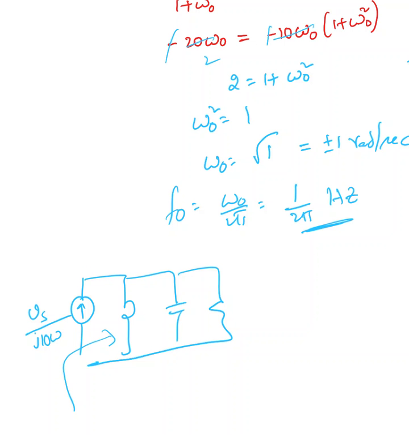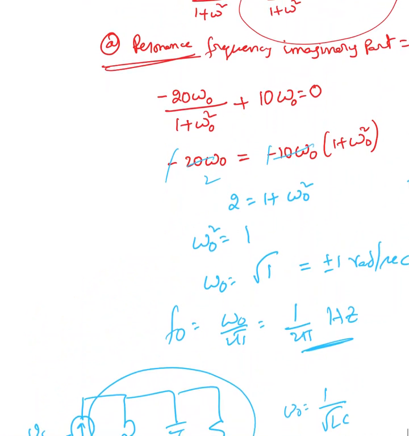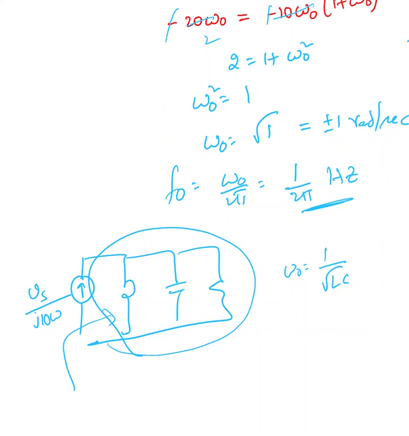The resonant frequency for a parallel circuit is omega naught equal to 1 over square root of LC. If you use this formula, you will find the resonant frequency, but that is for an RLC parallel circuit. So it's a completely different circuit.